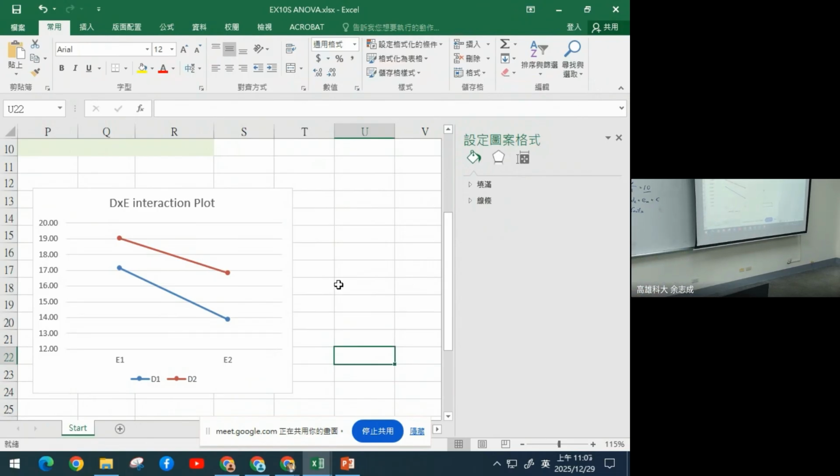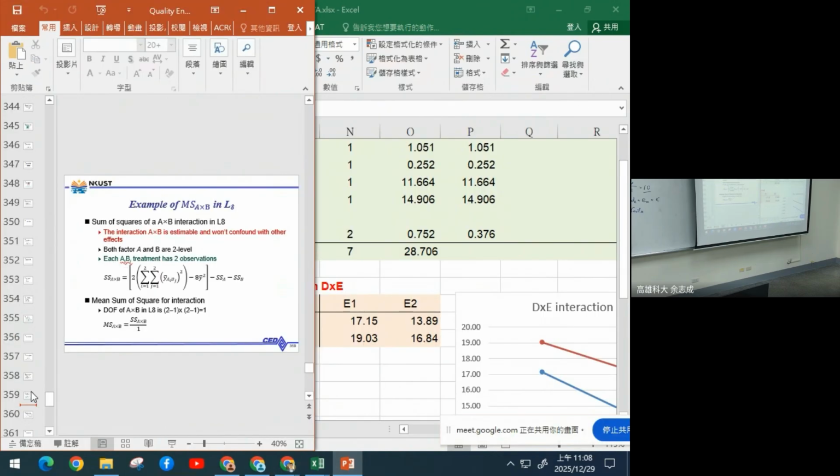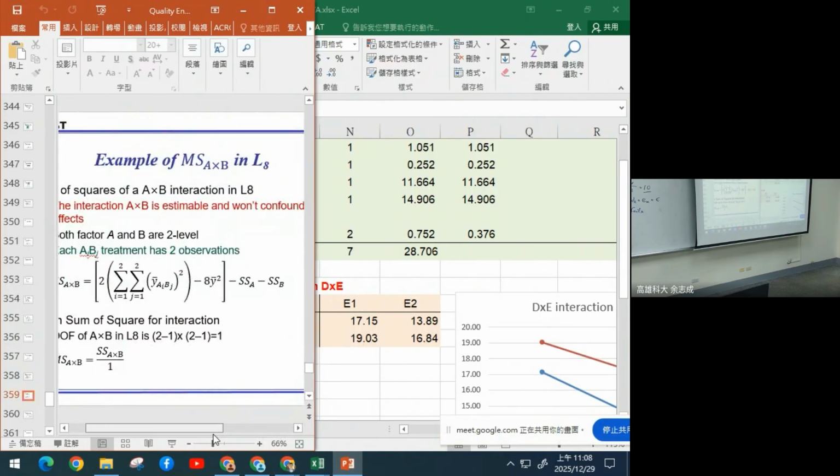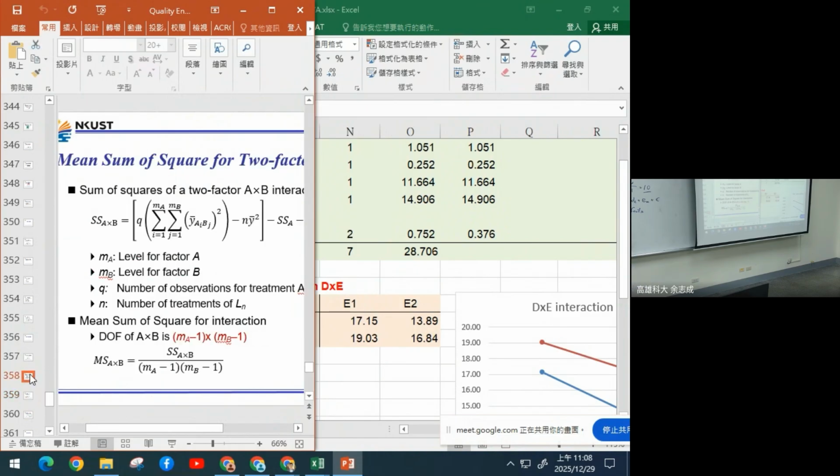Therefore, this is the interaction plot, but how to calculate the sum of square? Okay, this is how we calculate the sum of square for L8, right? And the original equation is this one.